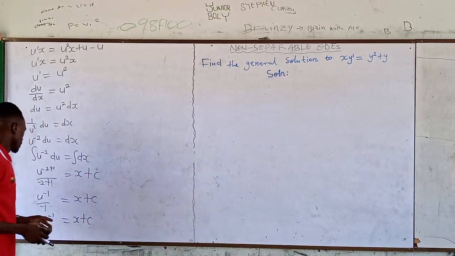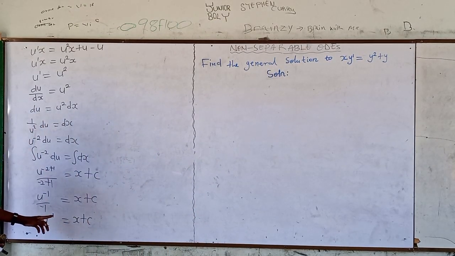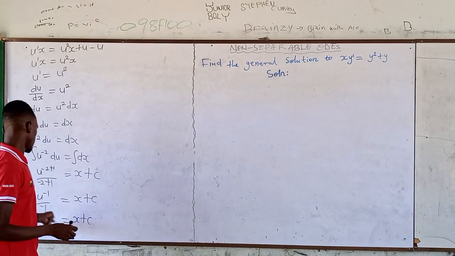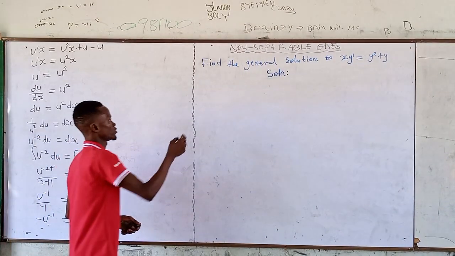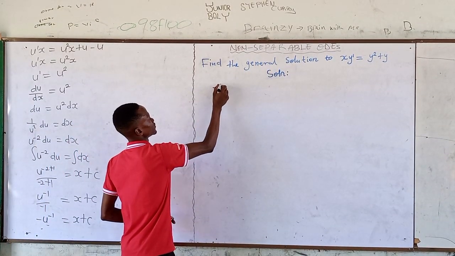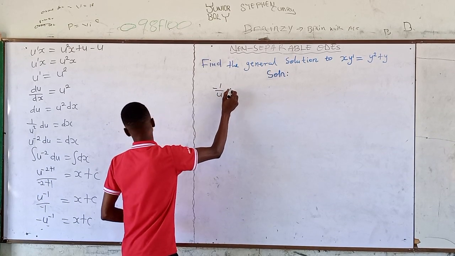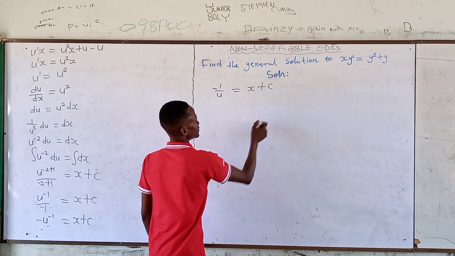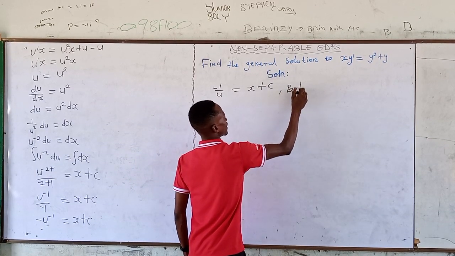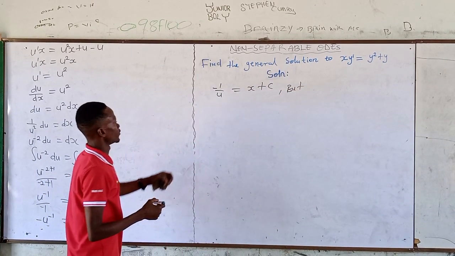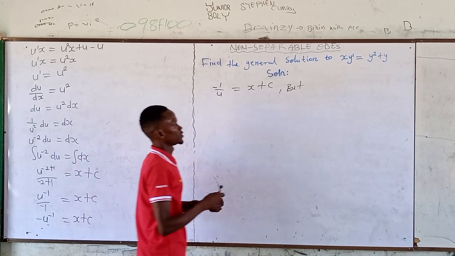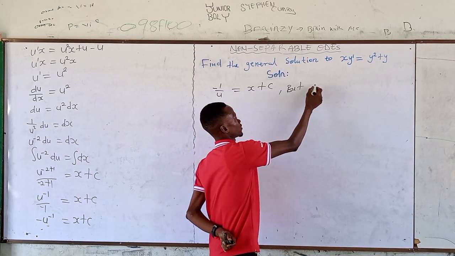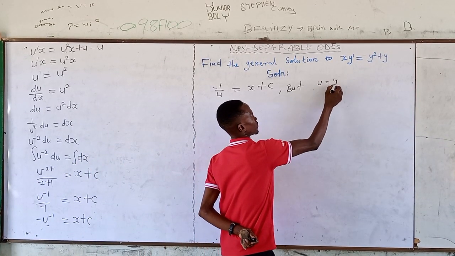And so the power is a negative, so taking the reciprocal or changing the power to a positive power, we are going to have negative 1 over u to be equal to x plus c. But note that the u, as we started, was equal to what? y over x.